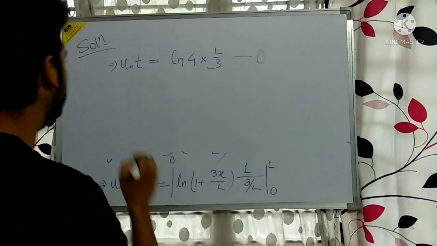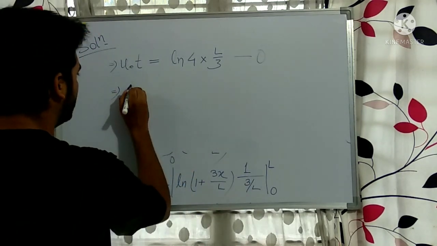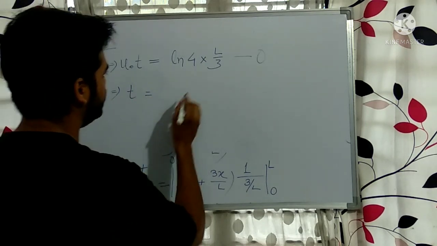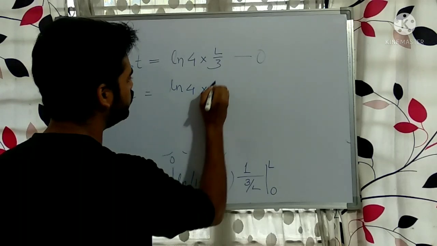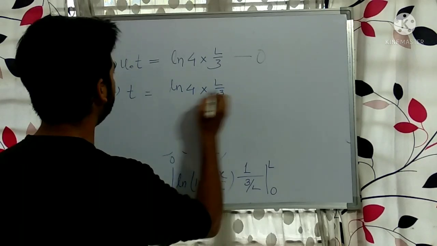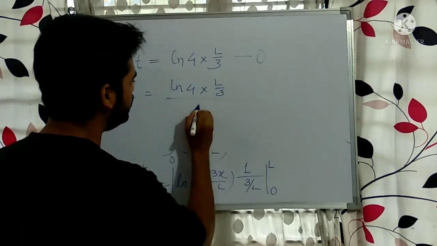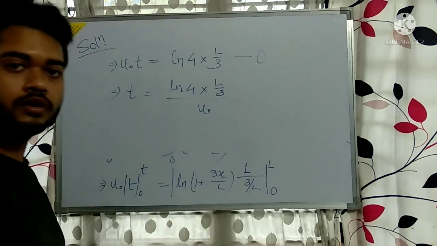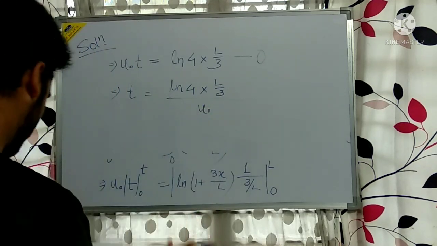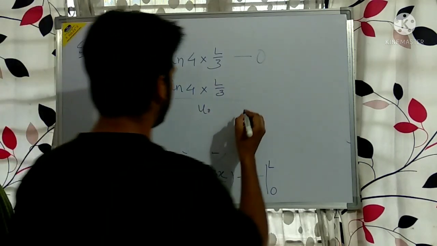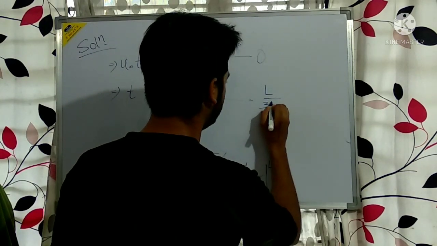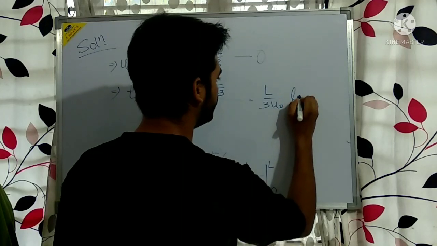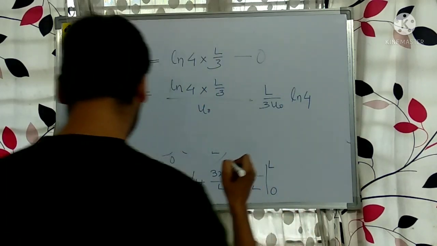I hope you understood. Now we are asked to find the time. This will be (L by 3) times ln 4, divided by U naught, right? So the final answer will be L by (3 U naught) times ln 4.